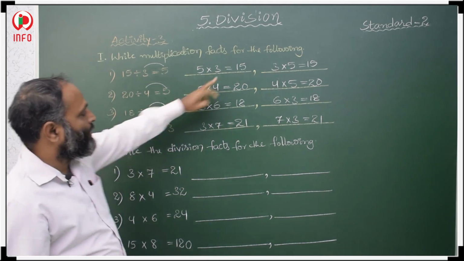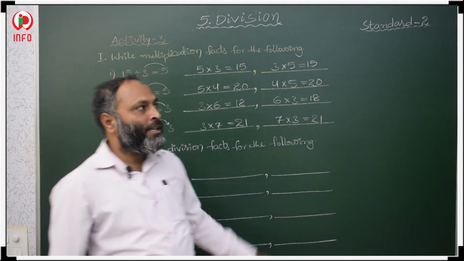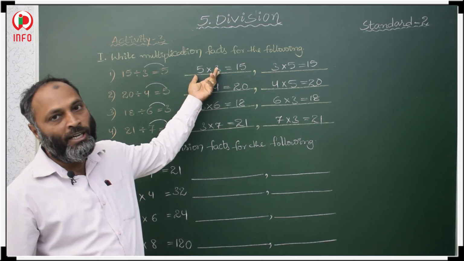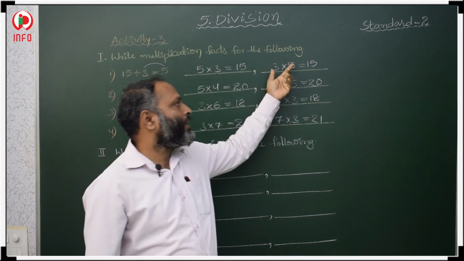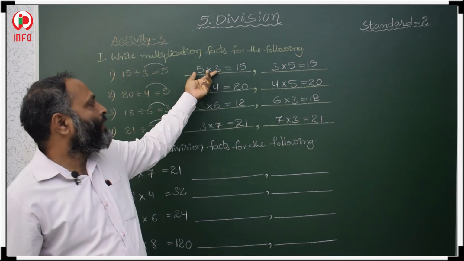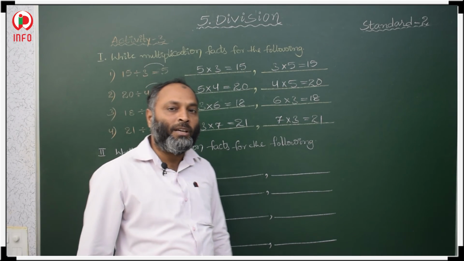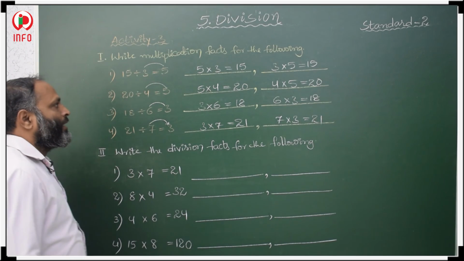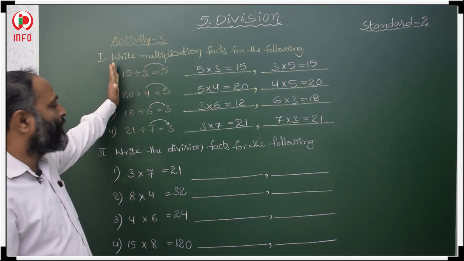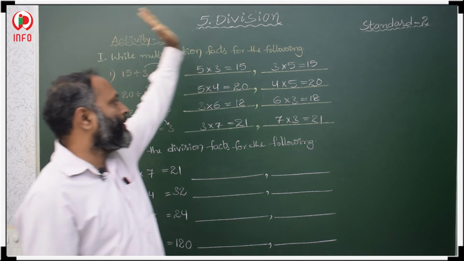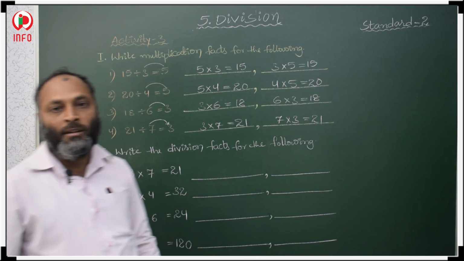So all these are dividends that we have to write. But here we have to interchange quotient and divisor: divisor into quotient, quotient into divisor, in that way you write. So when a division fact is given, we convert it into a multiplication fact.